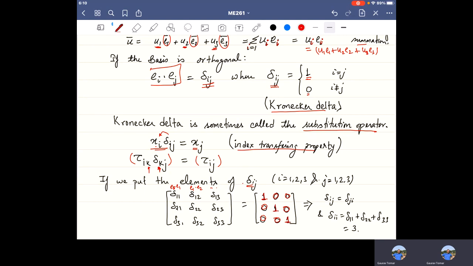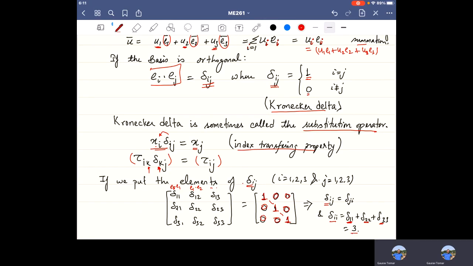Now when you repeat the index, delta ii, by Einstein summation notation it means delta 1 1, delta 2 2, delta 3 3, and in this case they're all 1. So the net sum is 3.